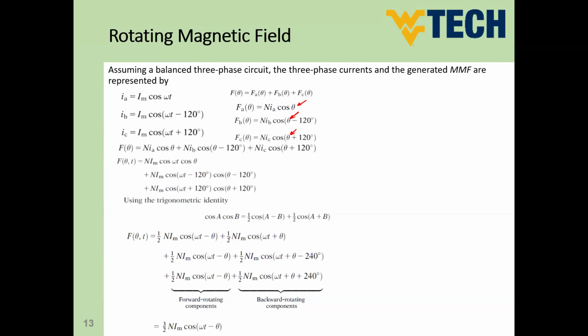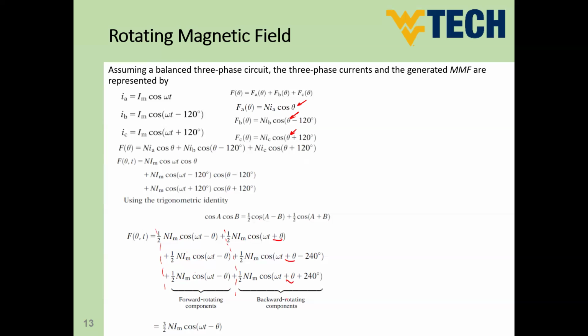If you compare these terms, as you can see, these three terms are equal, and this is in the direction of minus theta. However, these others are in the direction of plus theta.